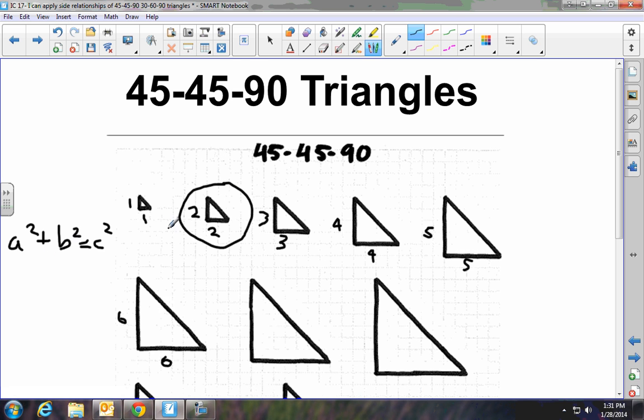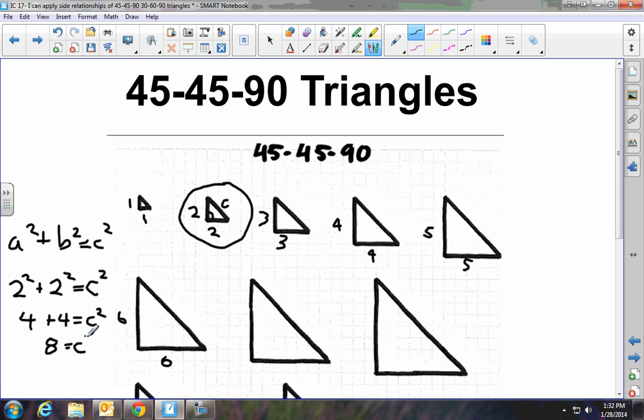In this case, we have A and we have B, both of the legs, since this is a right triangle. So we're going to plug in 2 squared plus 2 squared, and that's going to equal our hypotenuse, which we'll just leave as c squared since it's unknown. When we solve that, we get 4 plus 4 equals c squared, and that equals 8 equals c squared.